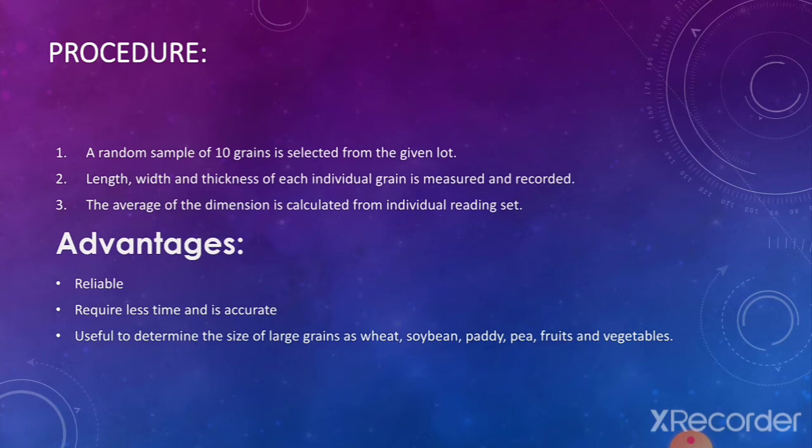The average of each dimension is calculated from the individual readings. The advantage of this method is that it is reliable, requires less time, and is accurate. It is useful to determine the size of large grains such as wheat, soybean, paddy, pea, fruits, and vegetables.